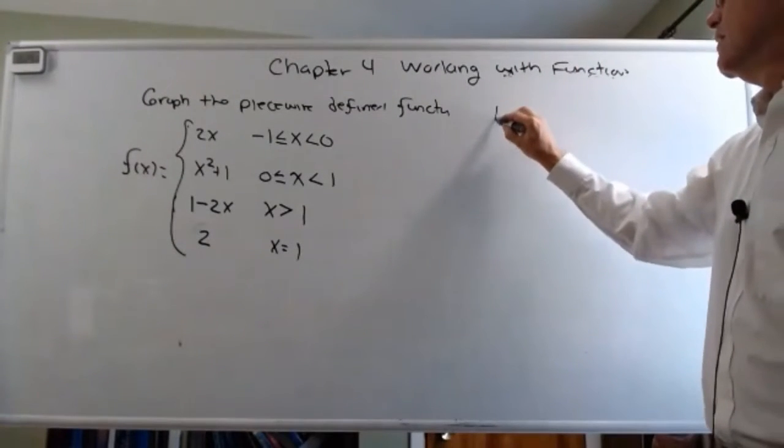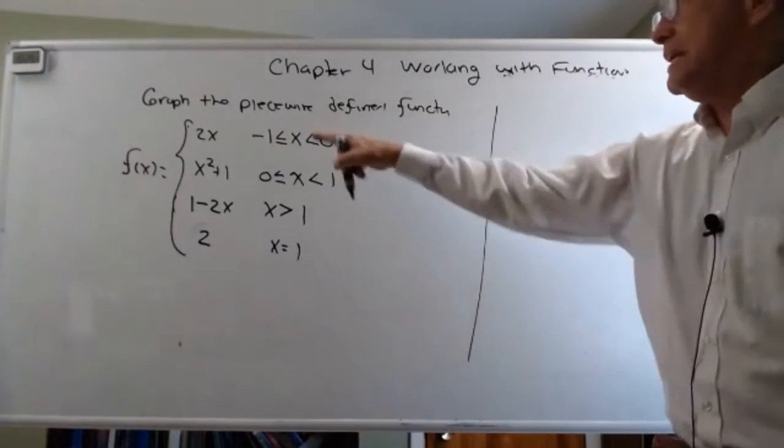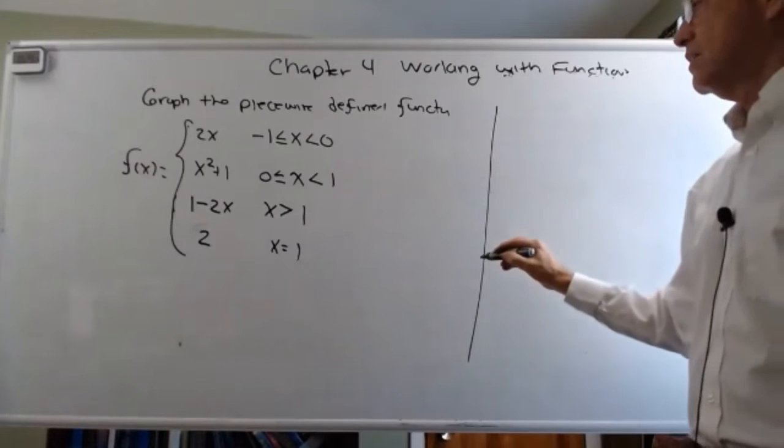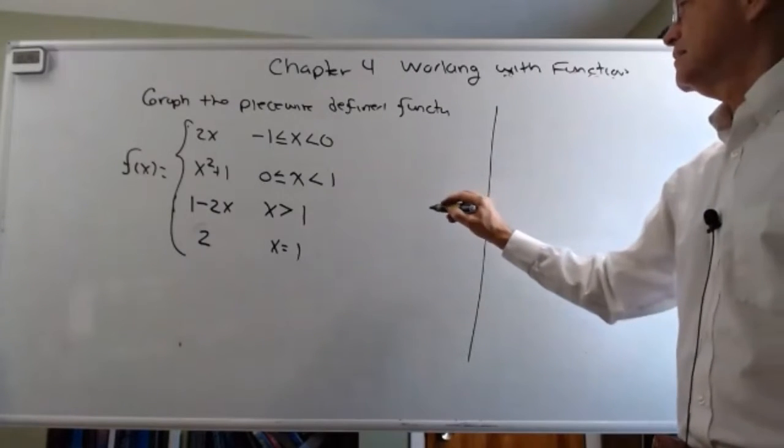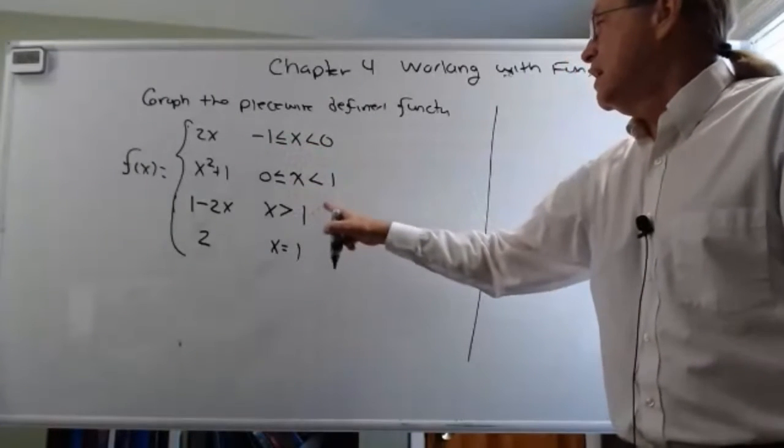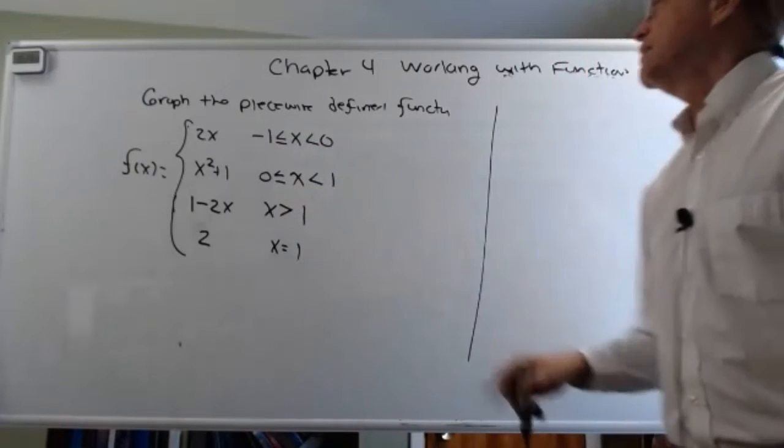I'll put it over here. In fact, I'll do the pieces in different colors. I'll try and color coordinate them as best we can. So we're just going from minus 1 up to 1.